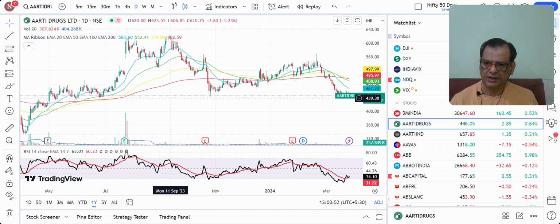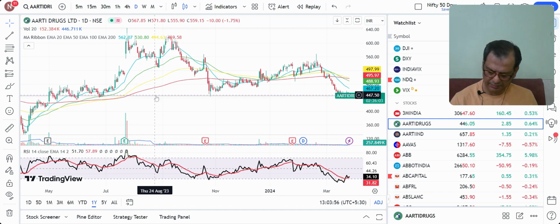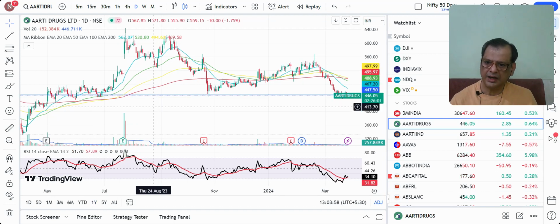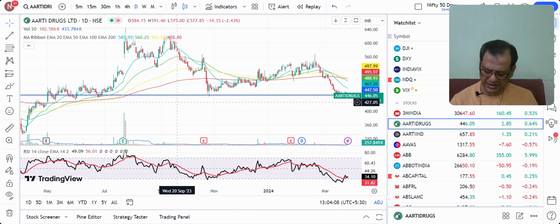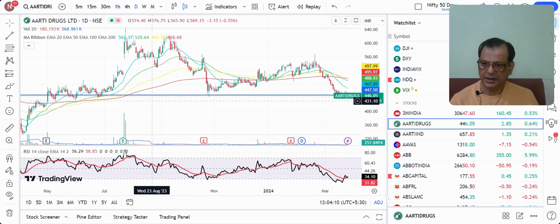Can you see? What I'm going to do is draw a horizontal line here, and support and resistance is not simply a line, but a zone. So I can draw another line here.